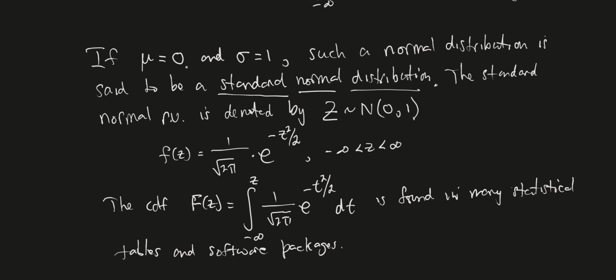So what does it mean if we don't have a standard normal distribution? Well, it turns out every normal distribution can be converted to a standard normal distribution by a process called normalizing or standardizing.